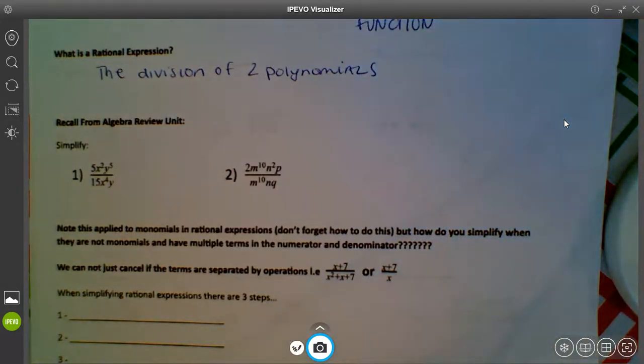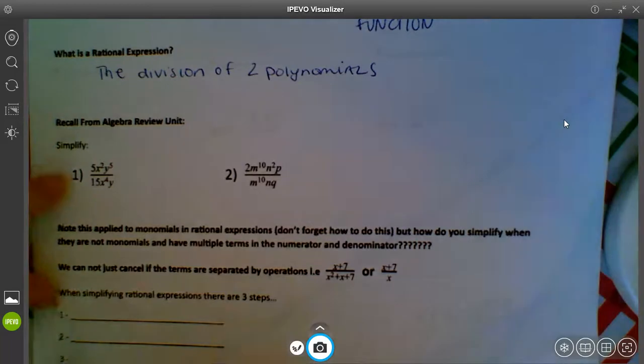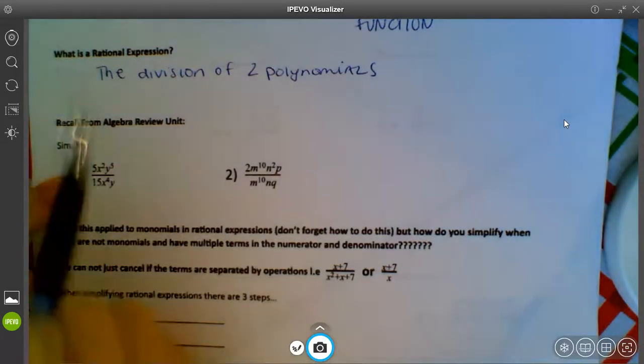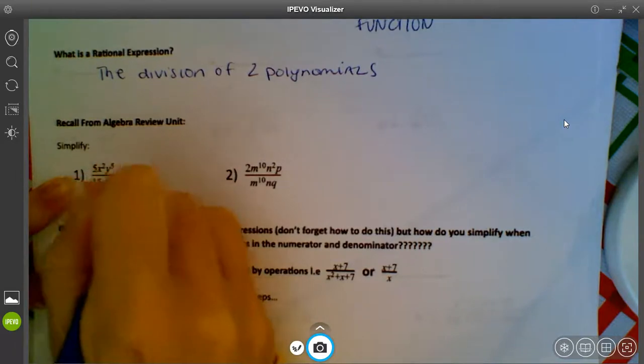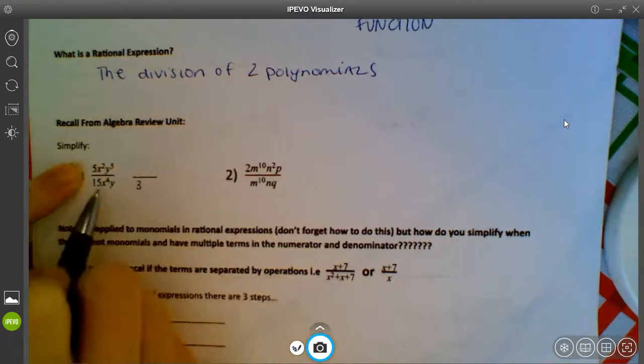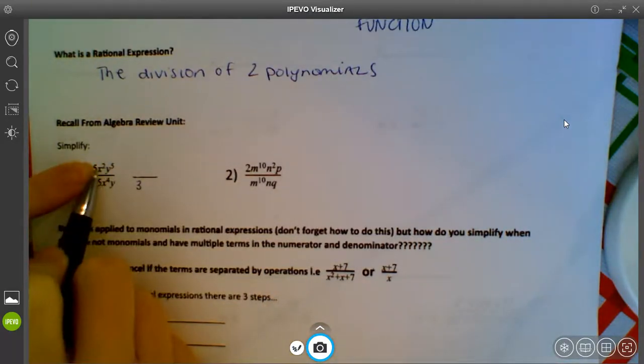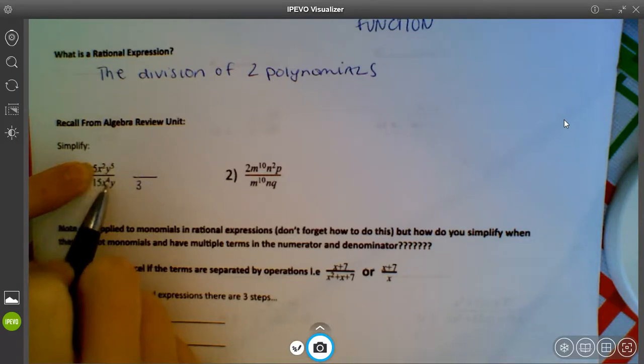These have a lot to do with exponent rules. So if we recall exponent rules, we have numbers, first of all. So 5 over 15 is really 1/3. So we have a 3 on the bottom. We have an x squared up top and an x to the 4th on the bottom. So remember, we take the 2 and subtract the 4.